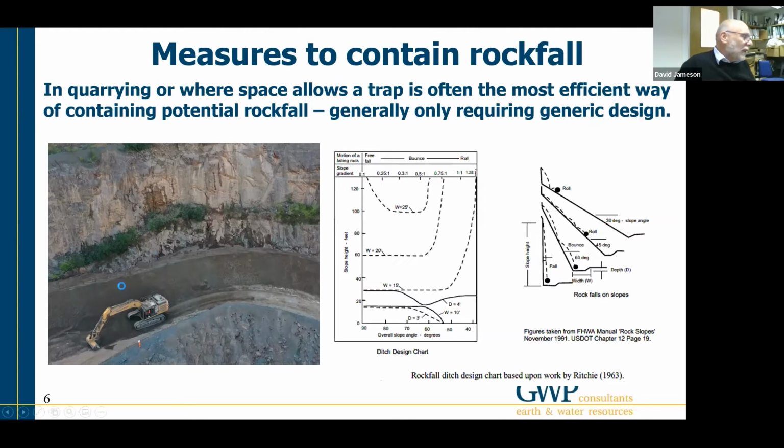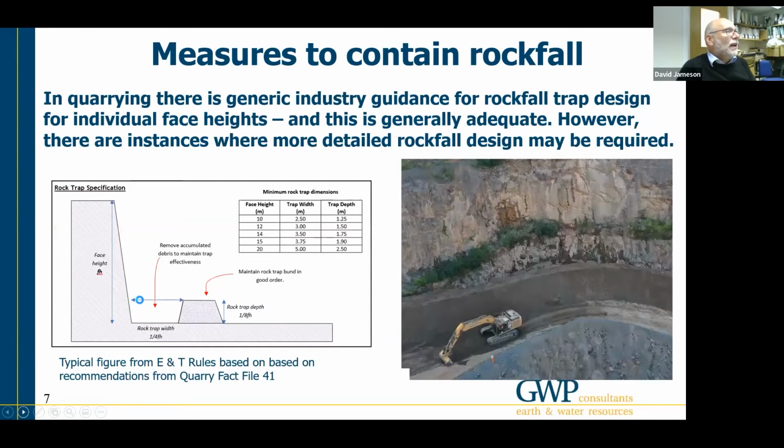Now that has been taken forward in the quarrying situation, where there's generic industry guidance for rockfall, which looks at individual face heights, and this is generally adequate on the whole when you've got fairly regular slopes.